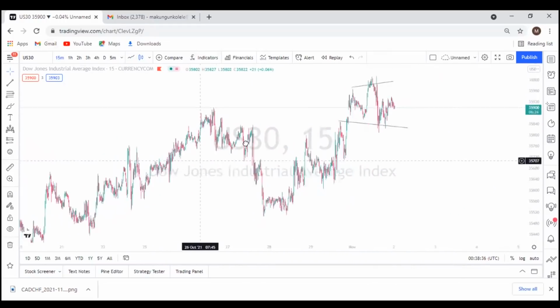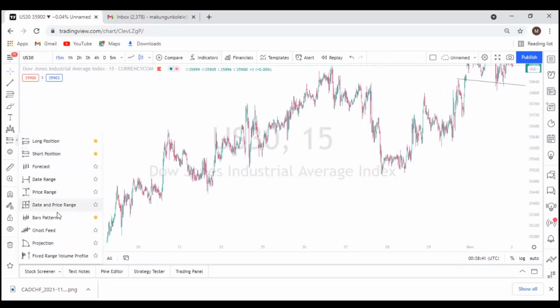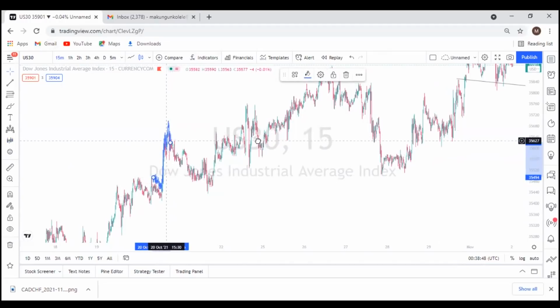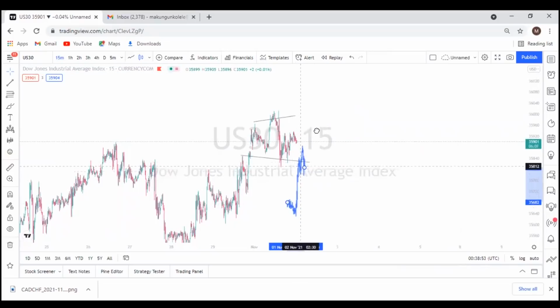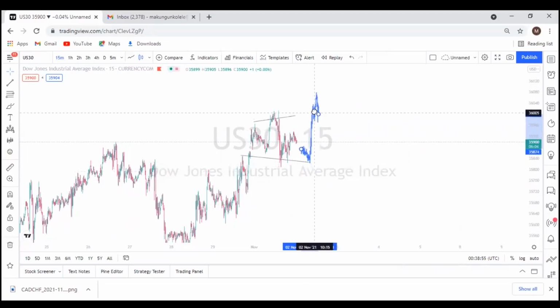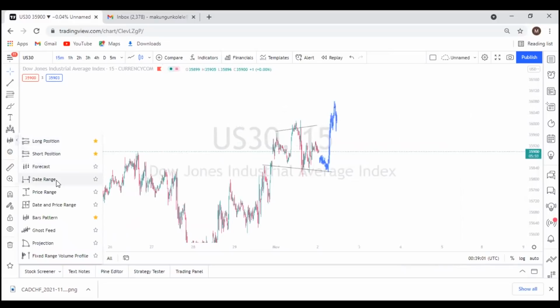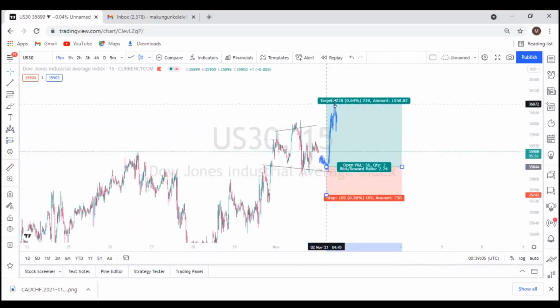But let me just use the box pattern to illustrate. So we could be looking at something like this, and we are gonna go long, but not for too long.